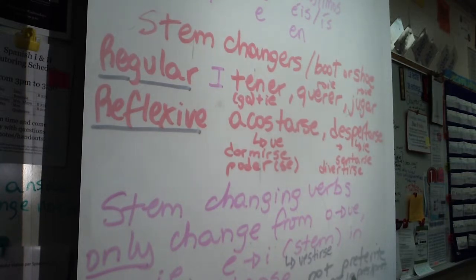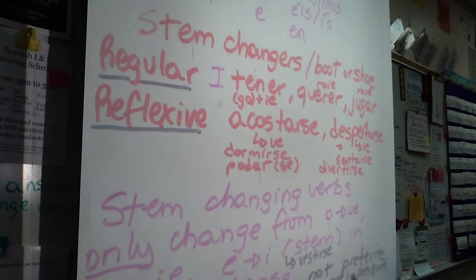So I'm bringing all this up because what we're going to do this chapter is easy if you remember everything that you already know about these. Some of them we've done in Spanish 1, some of them we've done in the reflexive chapter, and in this chapter we're going to focus on not just what we already know, but adding more to those verbs.